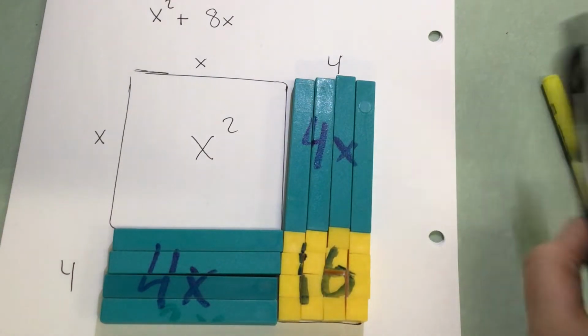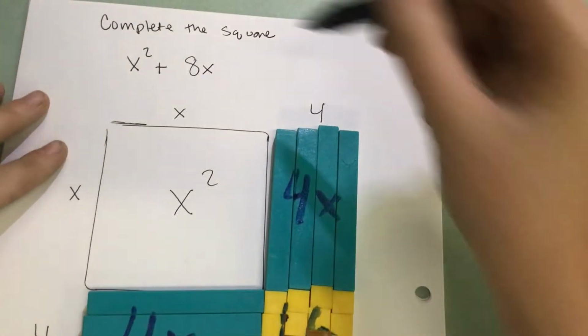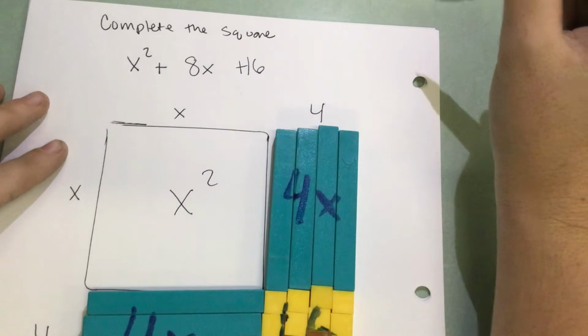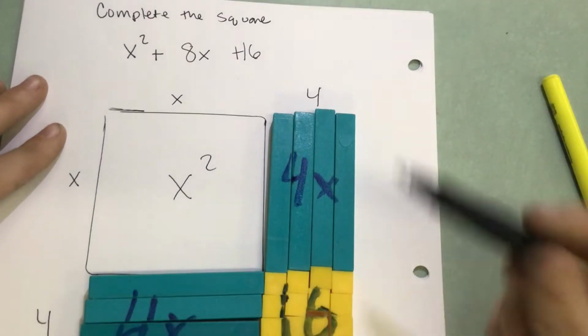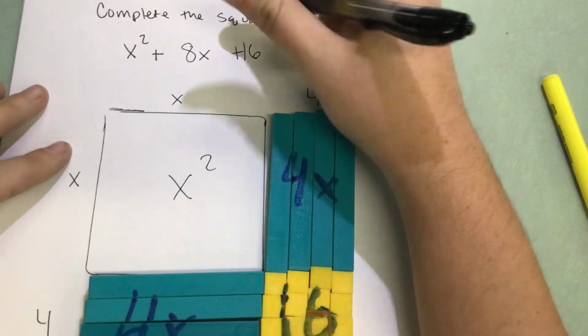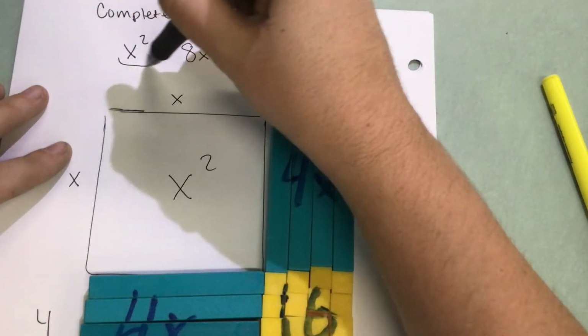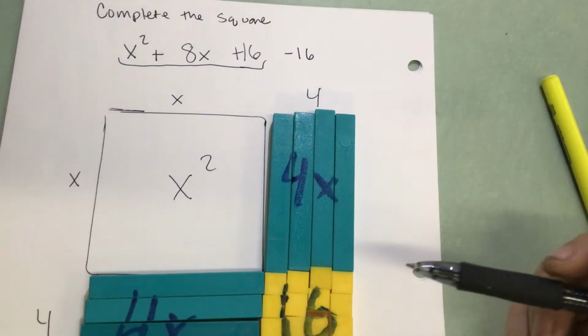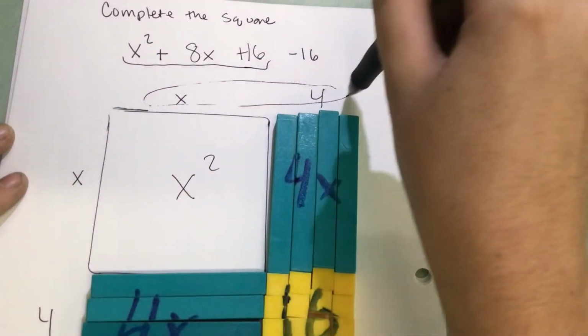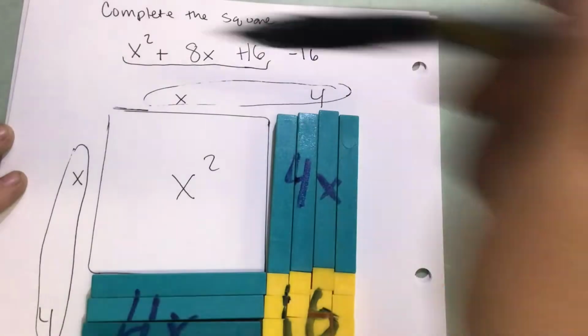So by putting a 16 on the end, if I wanted to add 16, since those weren't given to me, I also have to later subtract 16. This is just a placeholder, so let's focus on these ones. What is x squared plus 8x plus 16? Well, that's an x and a 4 and an x and a 4 together.